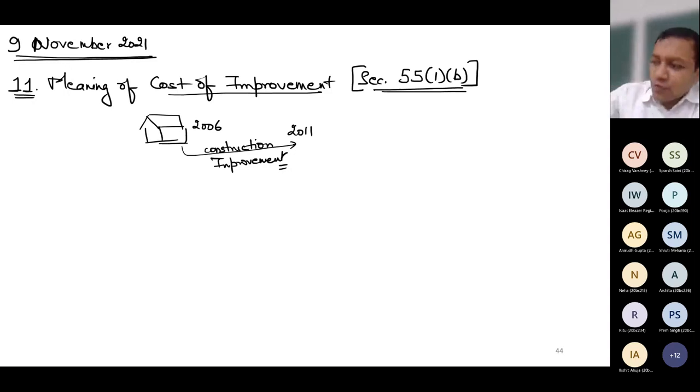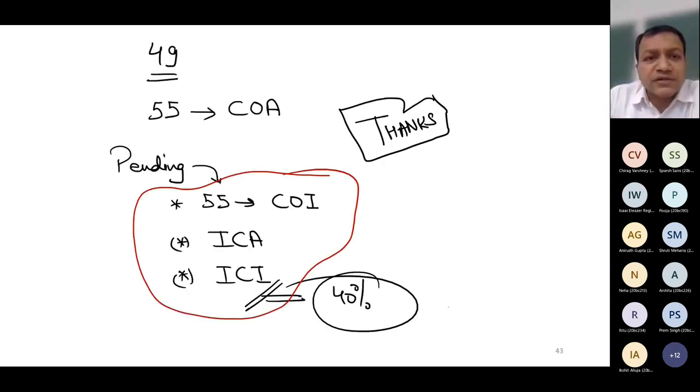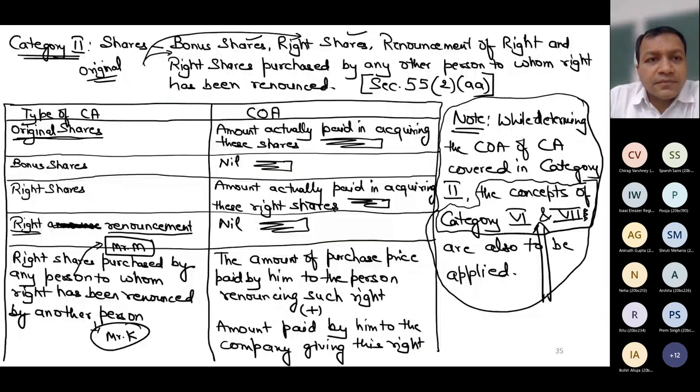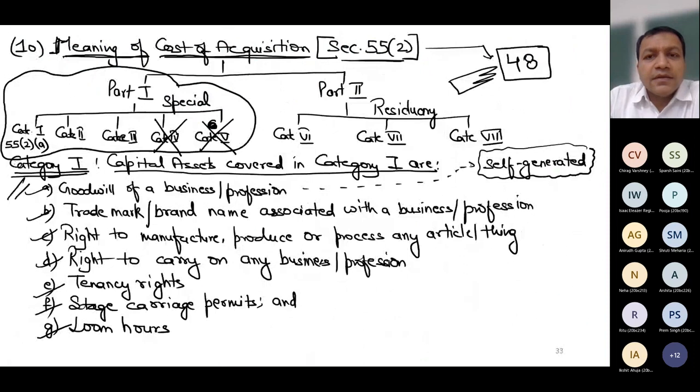Now, what is the cost of improvement? Just like the meaning of cost of acquisition, section 55 subsection 2, I made 8 categories. Out of those 8 categories, category 4 and 5 are not in our course. So we have to discuss 6 categories.